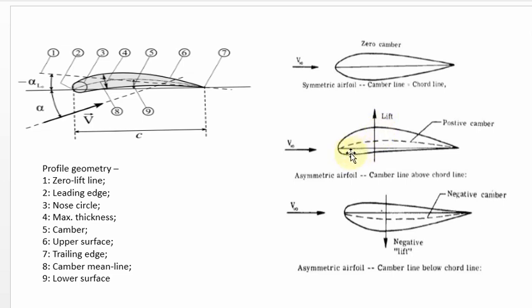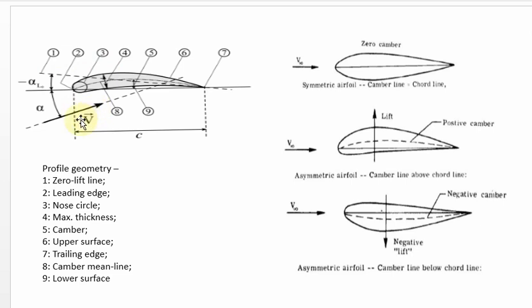What I can do is tilt my cambered aerofoil to a negative angle of attack. Negative angle of attack means I have to tilt my aerofoil somewhat downward. Then only can I get zero lift. The same way, the zero lift line is an imaginary line. When you position the cambered aerofoil at the zero lift line, you get zero lift value. That is the meaning of zero lift line.